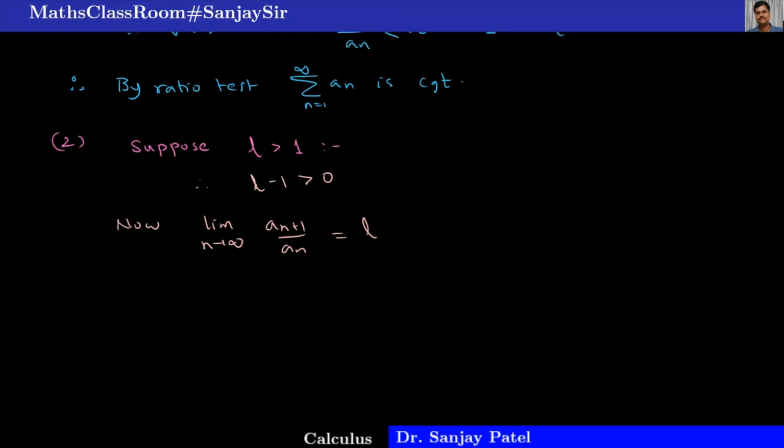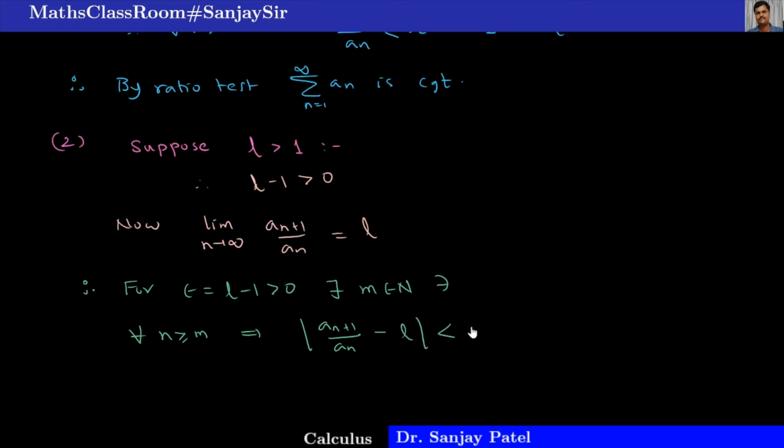So what we can write next is, therefore, for epsilon equal to L minus 1 greater than 0, we can find some positive integer m such that for every n greater than or equal to m implies mod of a_{n+1}/a_n minus L is less than epsilon.